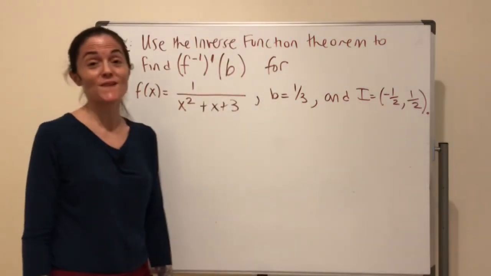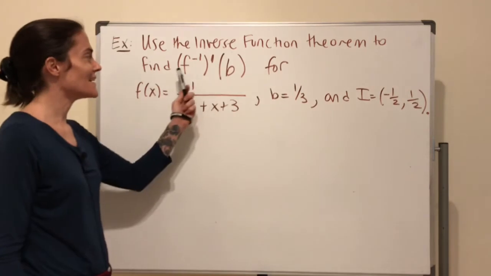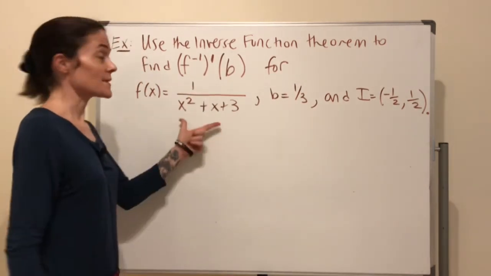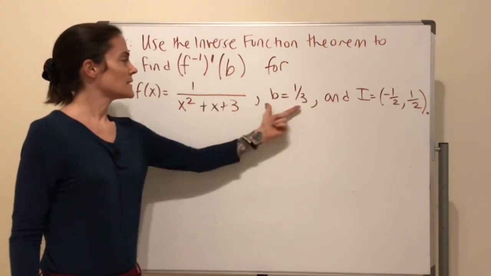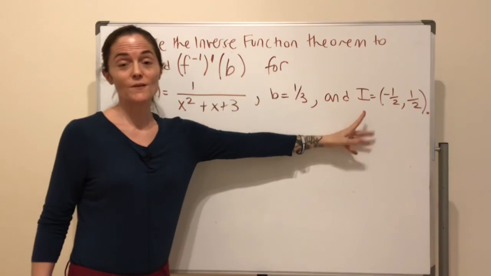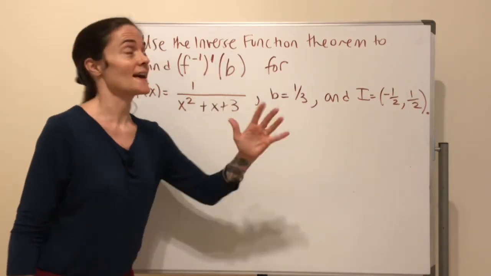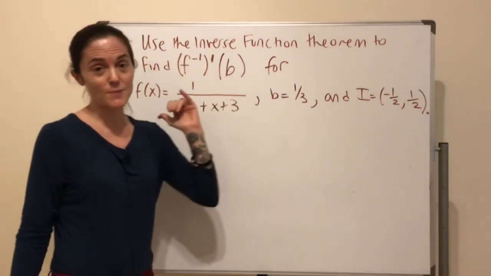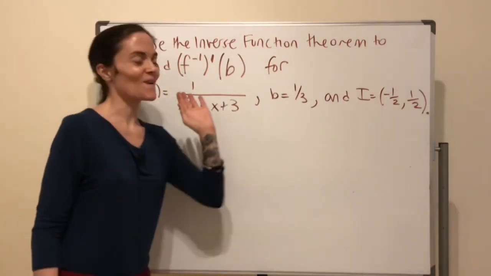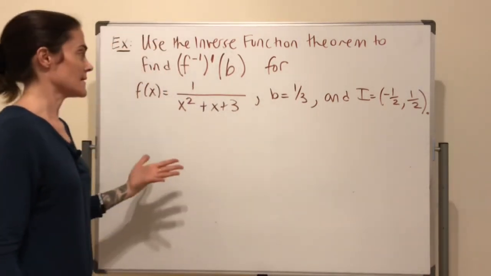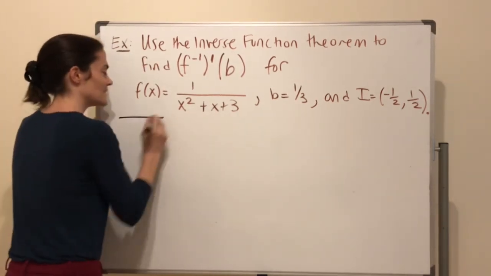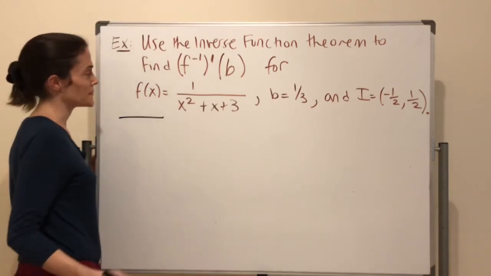Use the inverse function theorem to find f inverse prime of b. For this function, b is a third, and we're given an open interval I. So we need to check that f is in fact differentiable on I, that the derivative is not 0 on I, and then we can use the inverse function theorem.